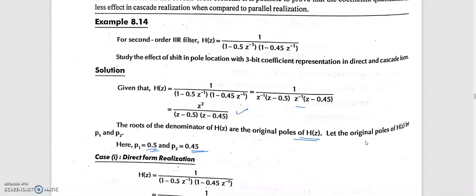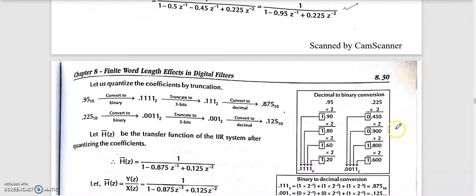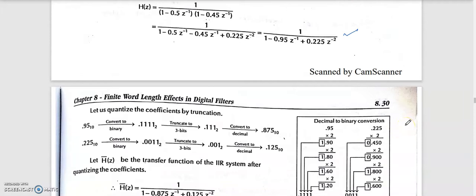Now if we try to implement it in the direct form, the product will be expanded, and we get 1 by 1 minus 0.95 z raised to minus 1 plus 0.225 z raised to minus 2. This is the equation for my direct form realization. We quantize the coefficients 0.95 and 0.225, as explained earlier, so they become 0.875 and 0.125.